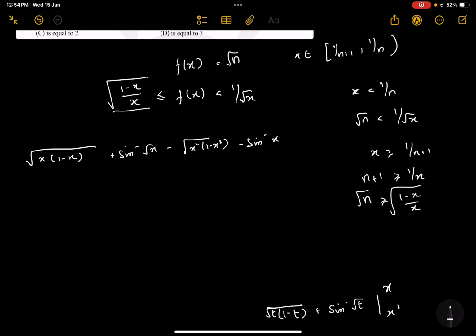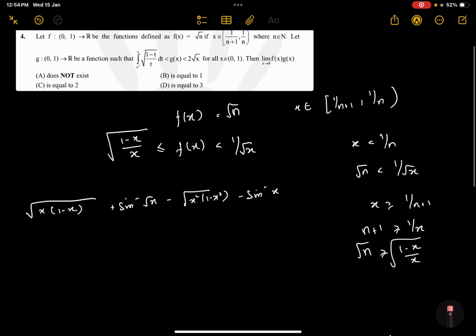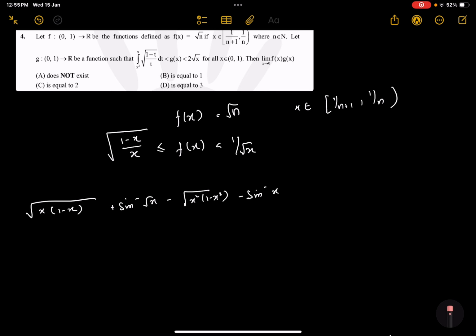This integral evaluates to this, and on the other hand we have this is less than gx, this is further less than 2 root x. So we'll multiply both of these inequalities to get a bound on fx and gx.